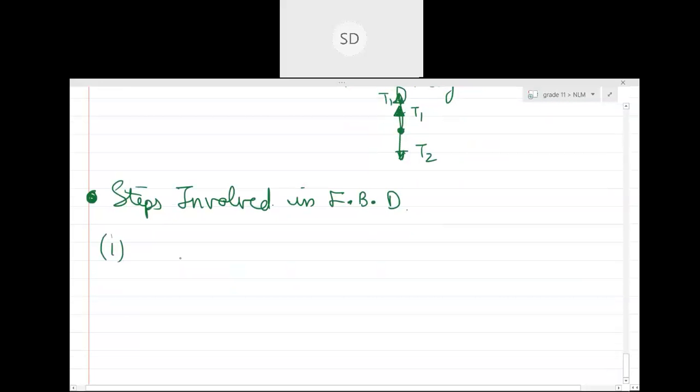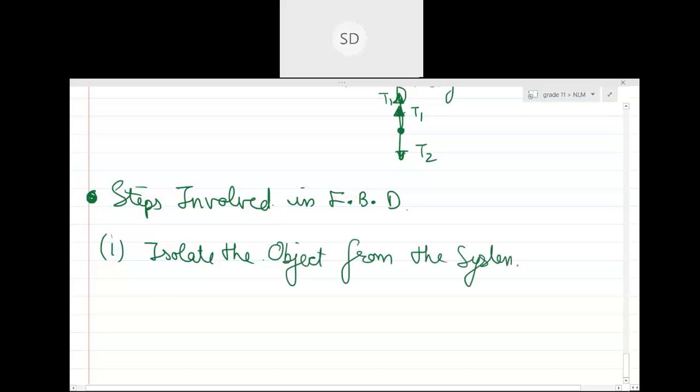First step is isolate the object. So you understand what isolation means, right? Isolate the object from the system. By isolation, what do you mean? You're not breaking off ties between the object, you are just concentrating only on that object.